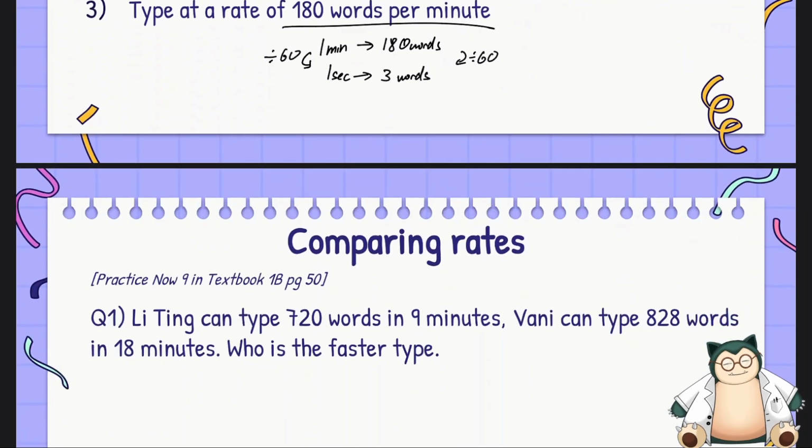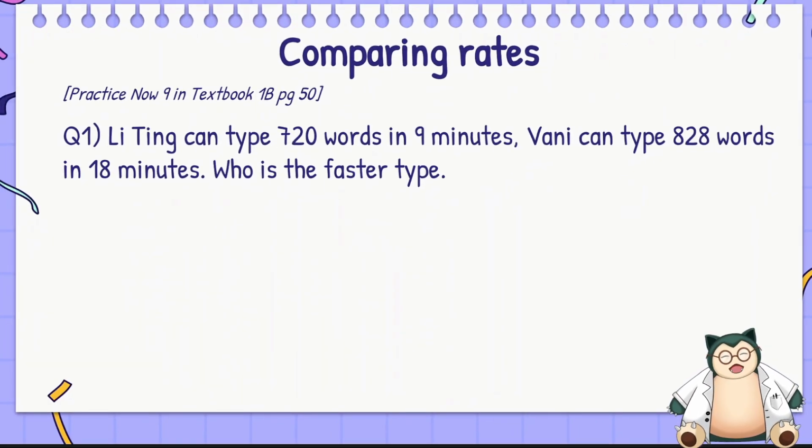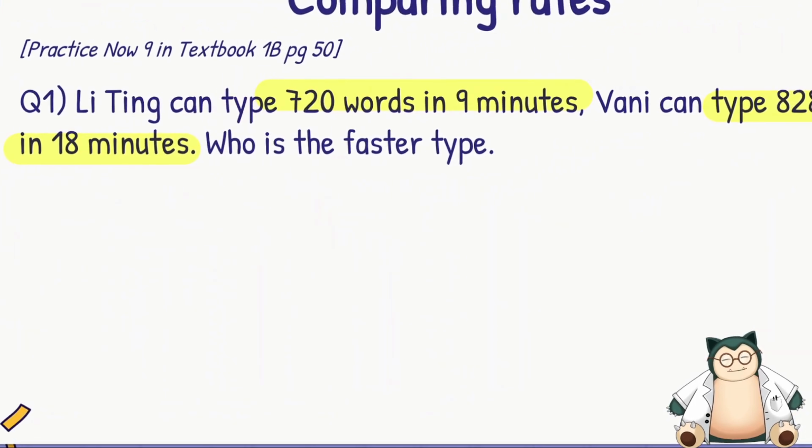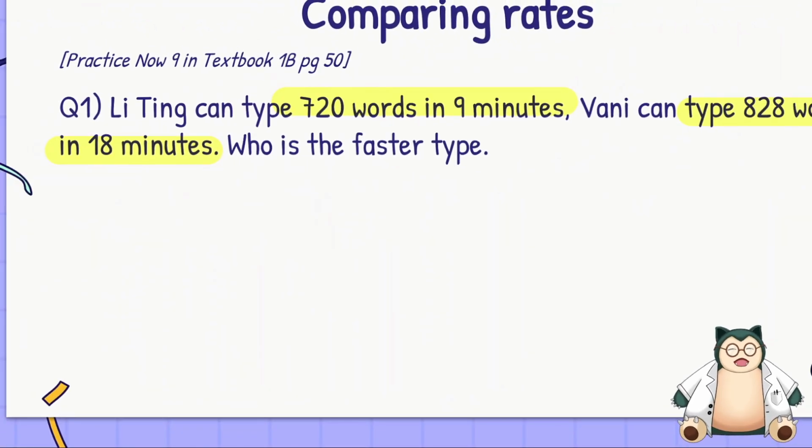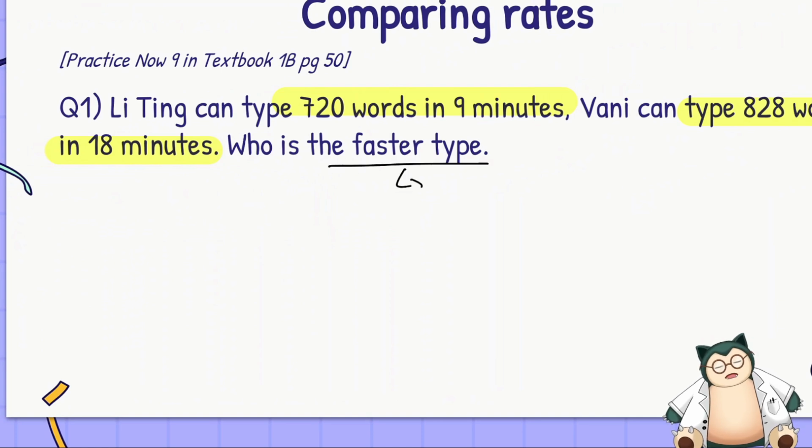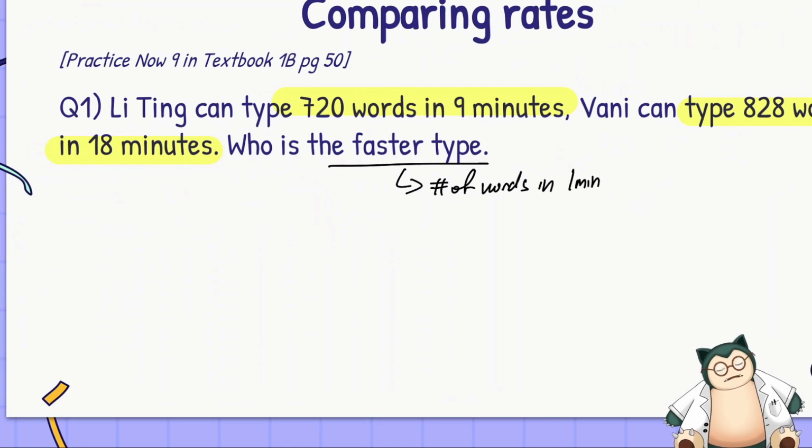Good. Alright, so now let's look at some questions. Li Ting can type 720 words in 9 minutes, and Vani can type 828 words in 18 minutes. Who is the faster typer? So basically, we are comparing rates. And the particular rate we are comparing is the number of words in 1 minute, or what we call number of words per minute.